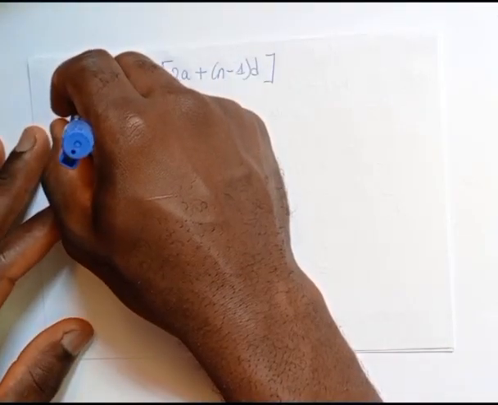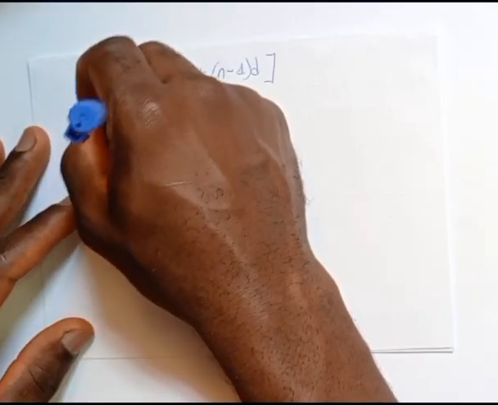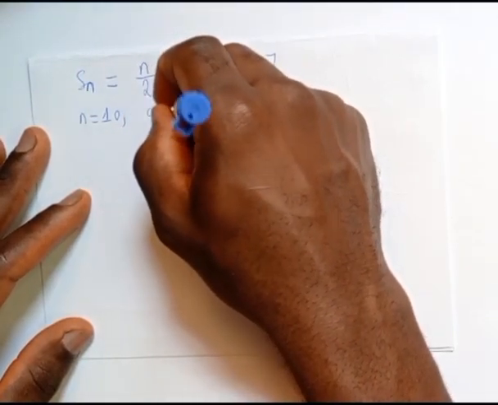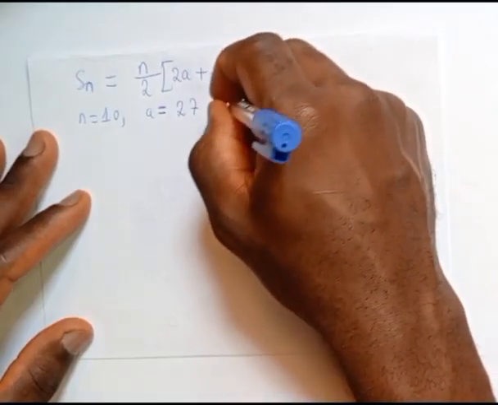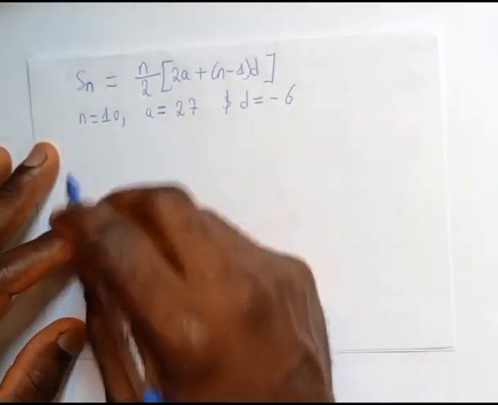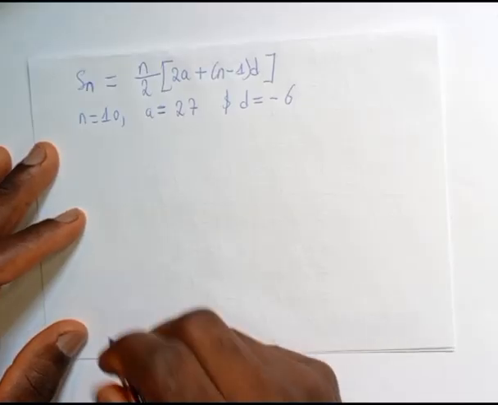We have to find the sum of the first 10 terms, so n is equal to 10. Our first term a is equal to 27 and the common difference d is equal to negative 6. We are going to insert them in the above formula.